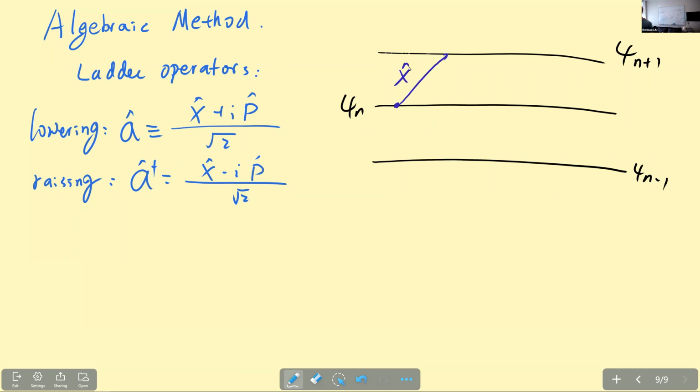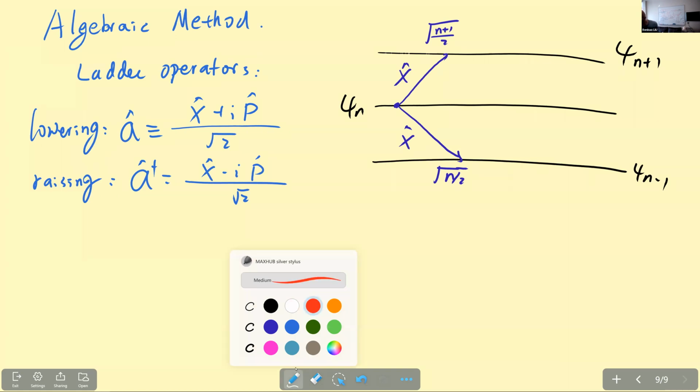We have said that this gives square root of (m plus 1) over 2 times the state m plus 1, or going to the other state, square root of m over 2 times the state m minus 1. You can also do this for the momentum operator.